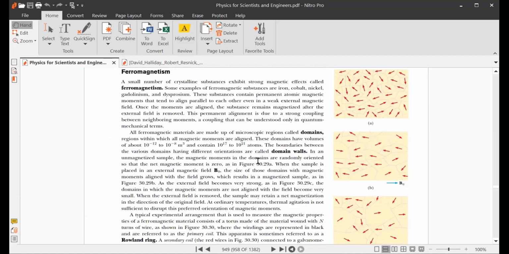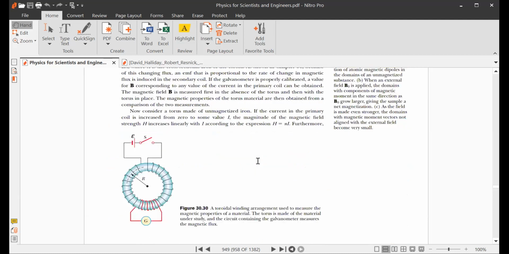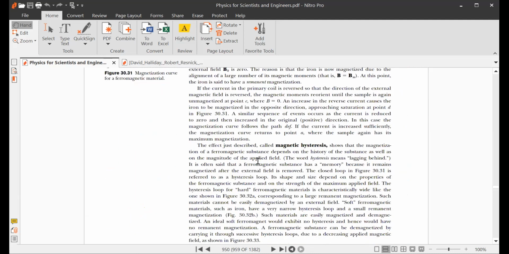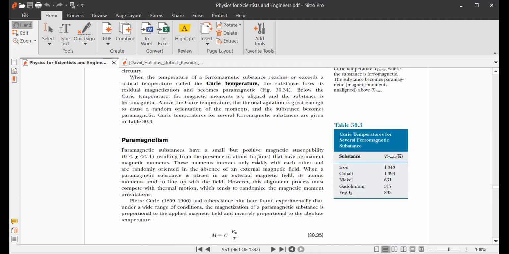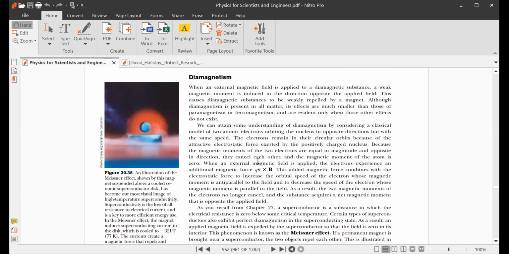This is ferromagnetic, and this only applies to certain materials. This is what I told you yesterday. It illustrates the so-called Meissner effect: a superconducting material will levitate if we place it over a magnetic field.